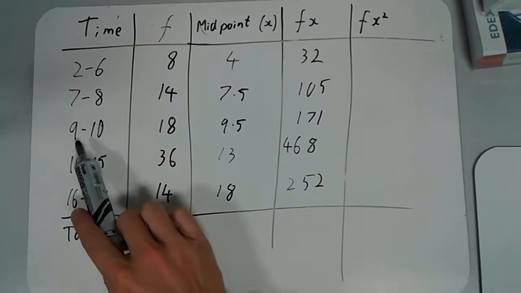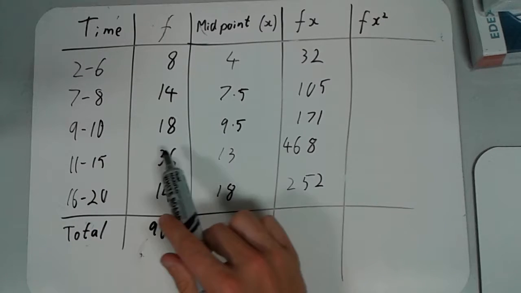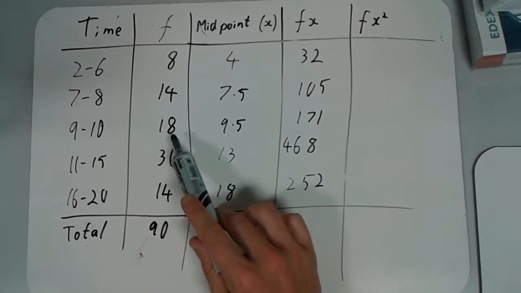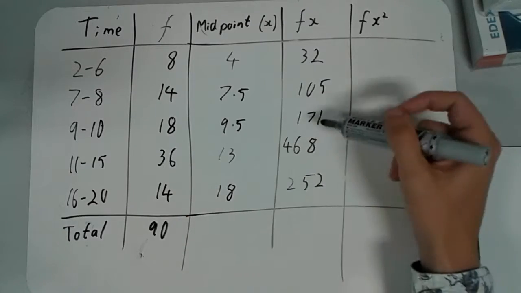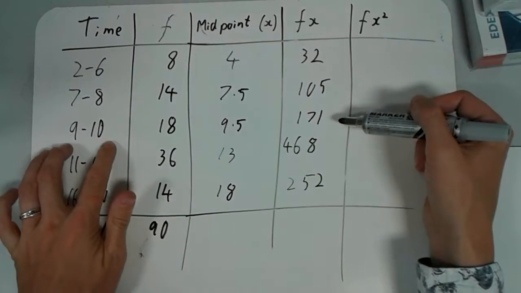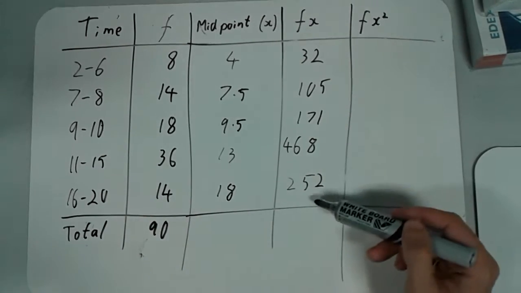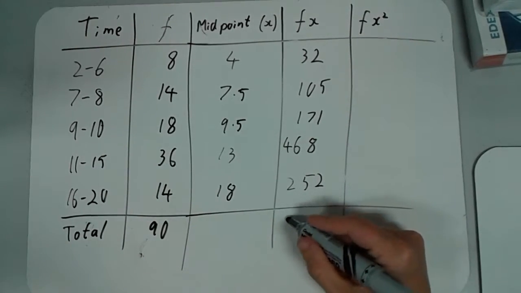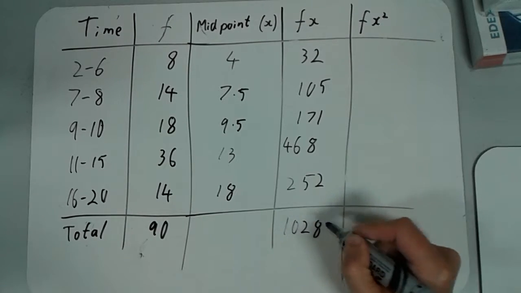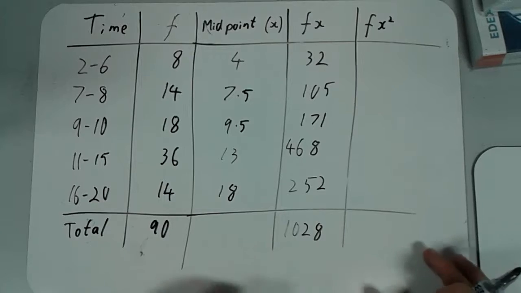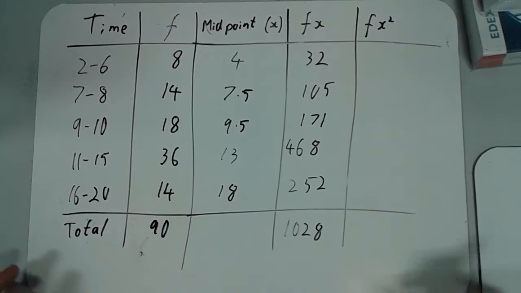So for example here, times between 9 and 10, we've got 18 of them, so we've just multiplied together 18 and 9.5 to get an estimate of what all of the times in that class will add up to. Then if we add together all of those estimates, we should get 1028. That tells us what we think roughly all of our data will add up to.